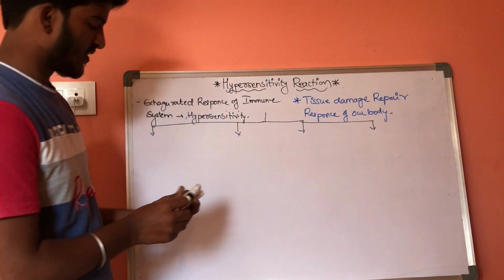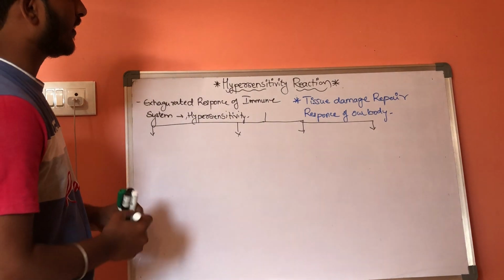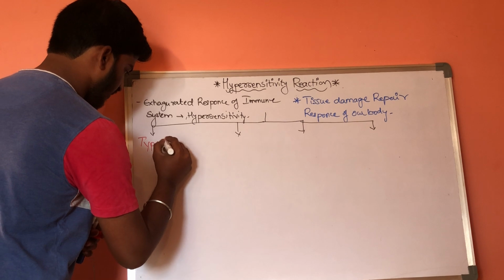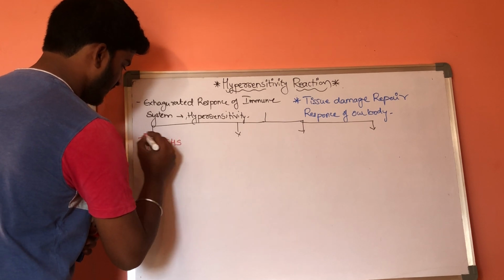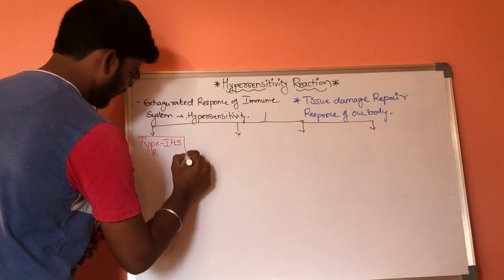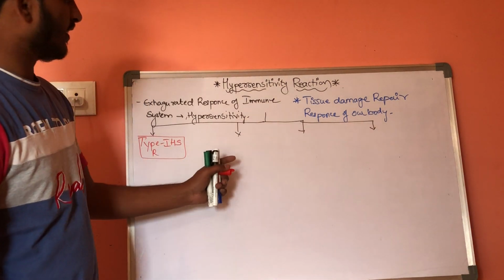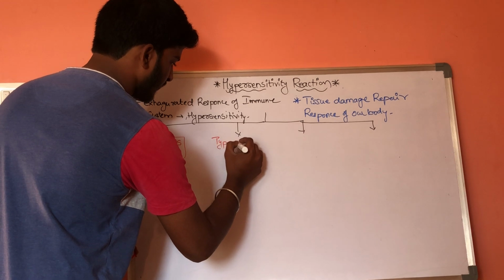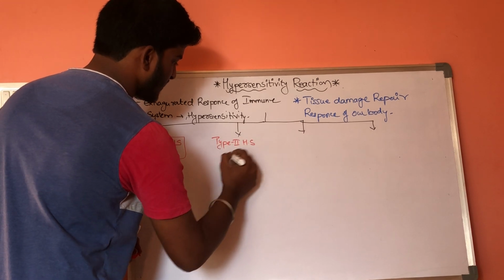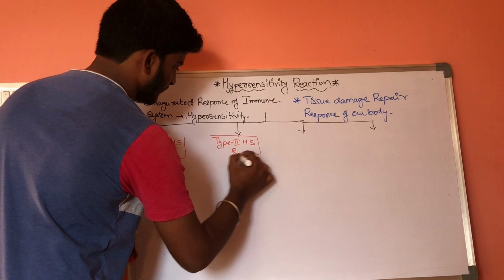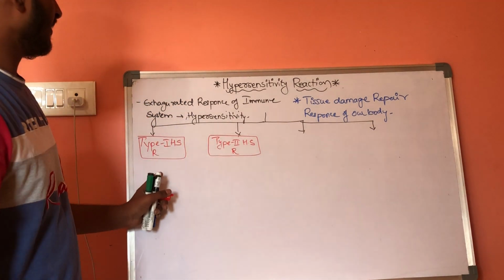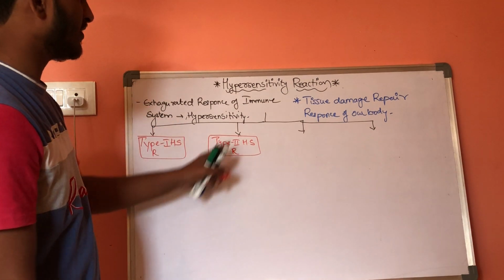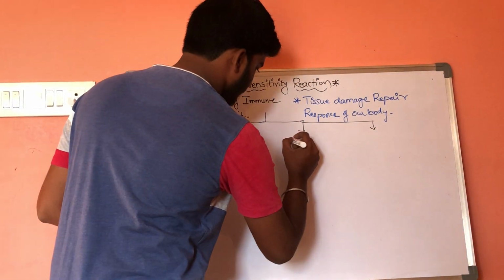The first one is type 1 hypersensitivity reactions. The second one is type 2 hypersensitivity reactions, and the next one is type 3 hypersensitivity reactions.